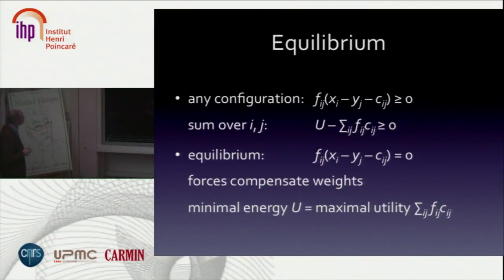Therefore in equilibrium these two quantities, the mechanical energy and this linear combination of forces, precisely equal one another, whereas for any feasible configuration there is an inequality: the combination of forces is always not greater than the mechanical energy.